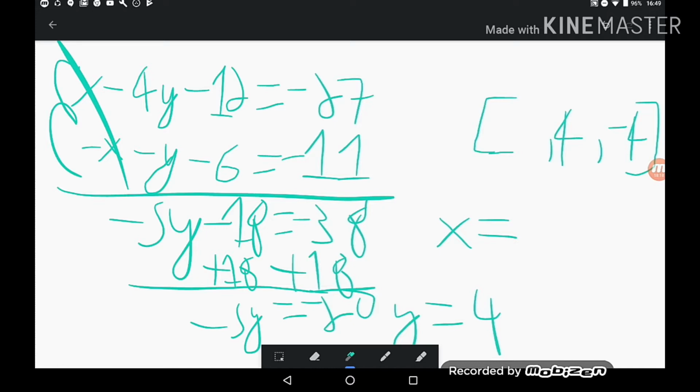So for the top one, when we plug in 4 for y, this becomes a negative 16. So you have negative 16 minus 12 is negative 28. Sorry, my mistake, guys, negative 28.